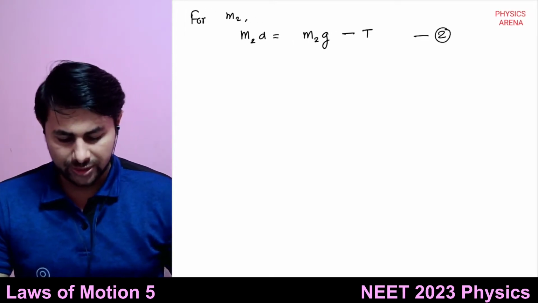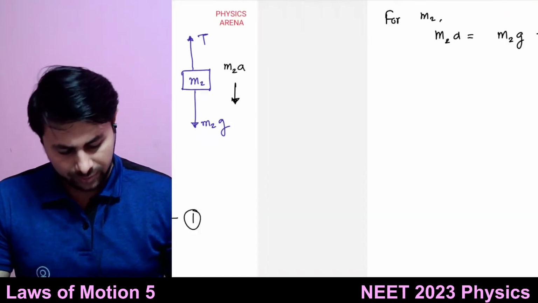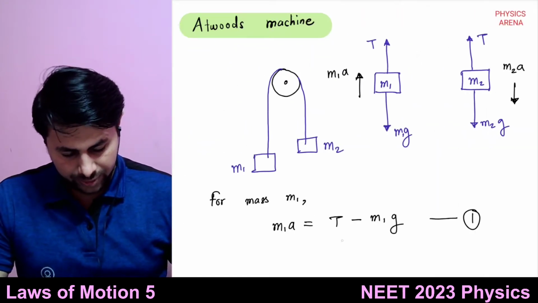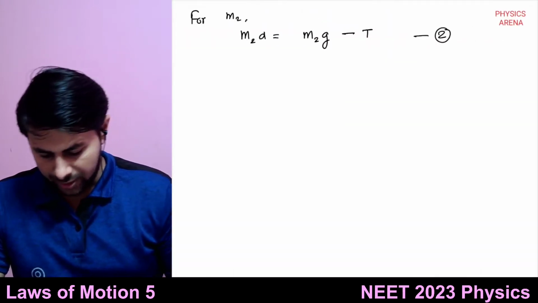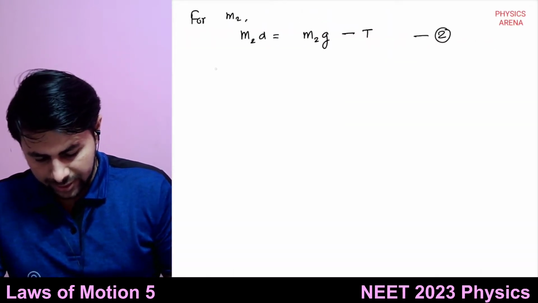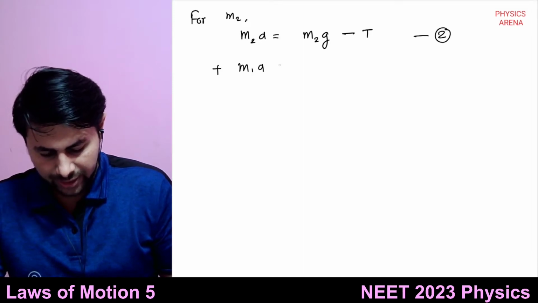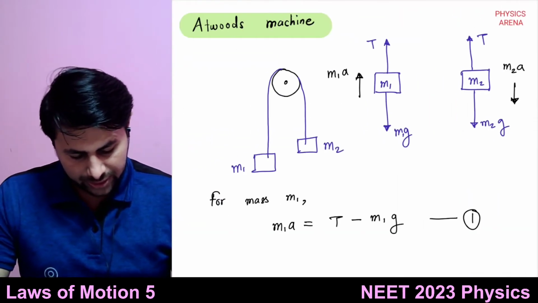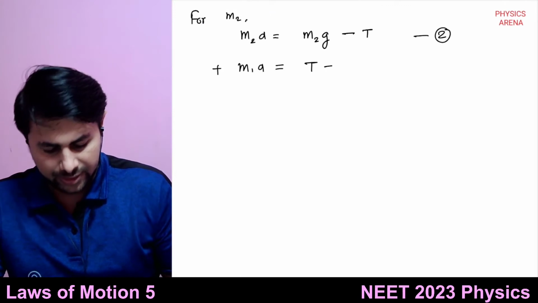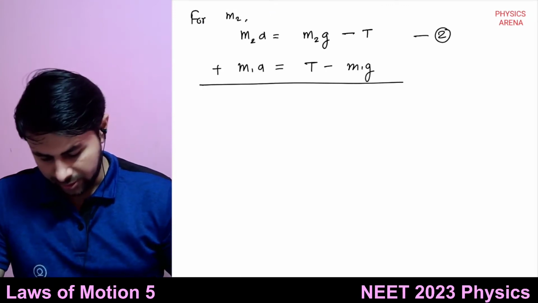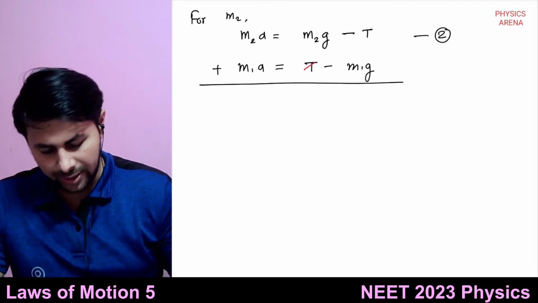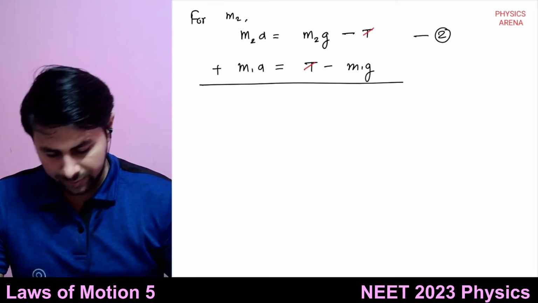What we'll do is add equations 1 and 2. So in this equation, m1 times a equals T minus m1 times g, and I am adding these two. What happens? T and T get cancelled out.